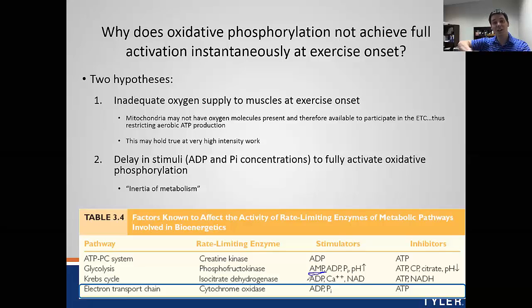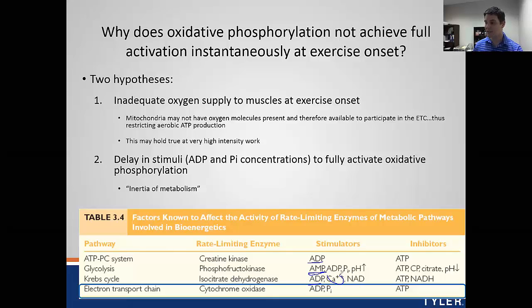So as we start to ramp up our muscle contractions and start to produce ADP and AMP, we're going to cause a positive feedback system on these enzymes. So ADP will stimulate faster actions of creatine kinase, faster reactions of phosphofructokinase, and faster action of isocitrate dehydrogenase, which is the rate-limiting enzyme in the Krebs cycle, and it will also work on cytochrome C. So AMP and ADP are both very potent stimulators.